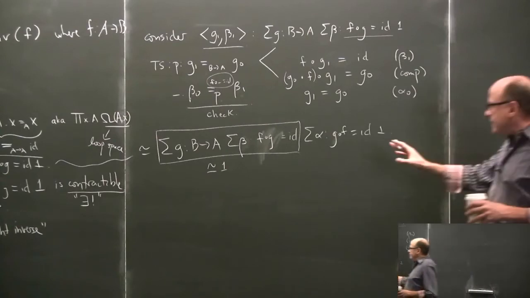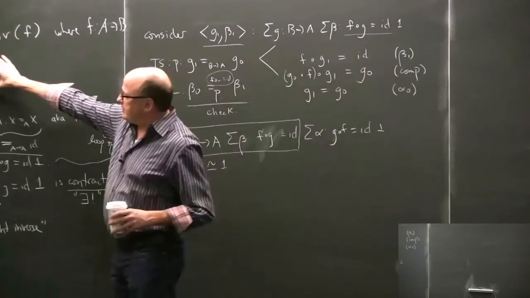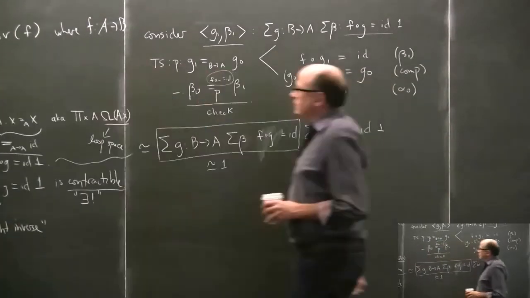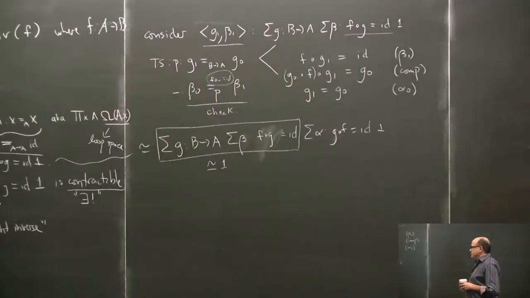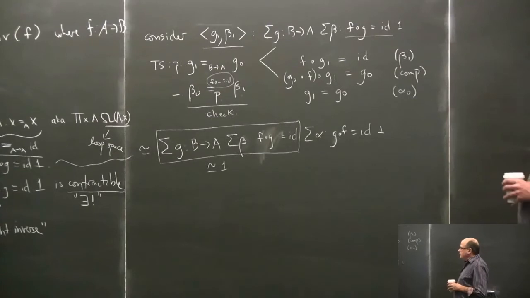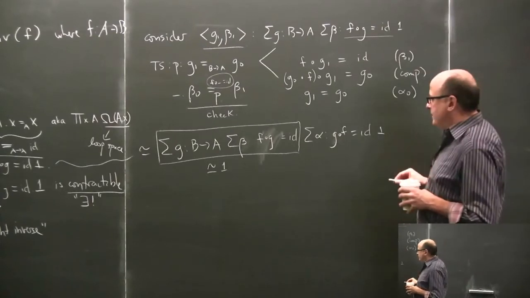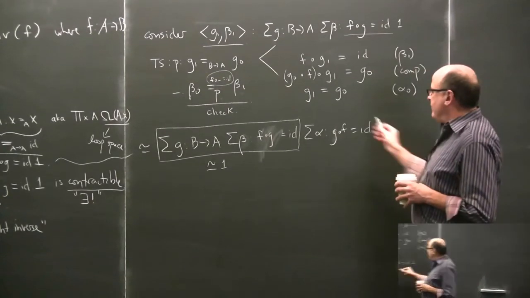In the presence of the fact that we have this data, that's what is happening here. And so what we're left with, with the quasi-inverse, is that we've gotten rid of that.